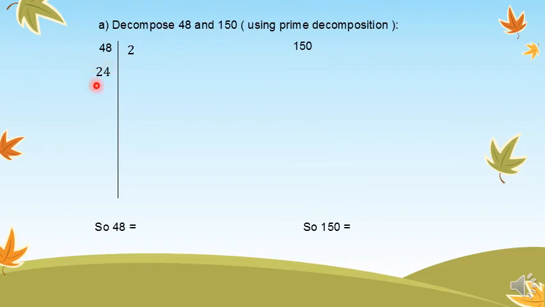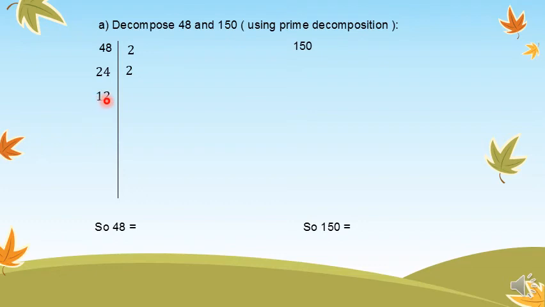Now I start over again, like from the beginning. 24, think, it's an even number, so it's divisible by 2. We write the divisor to the right and the answer to the left. 24 divided by 2 will give me 12.